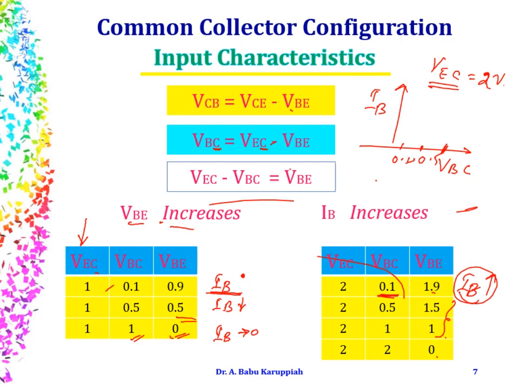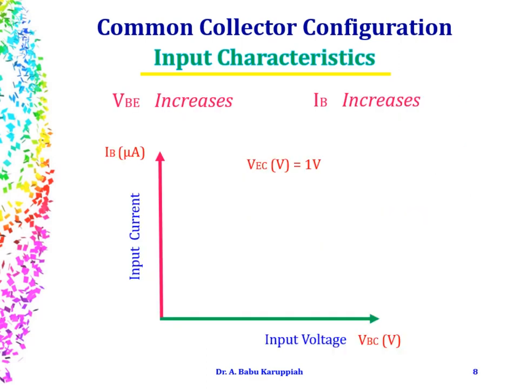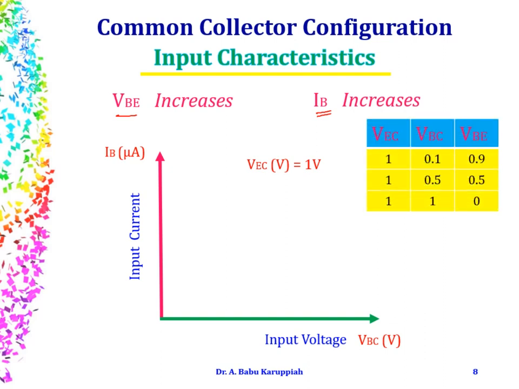So with this set of readings, now we will try to understand how we are going to plot the graph. We will obtain the input characteristics of the common collector configuration with a few concepts in mind. When VBE increases, your base current increases, and when VBE decreases, your base current will also decrease. From the equation, we have obtained this table. We have kept the emitter collector voltage, the output voltage, constant, and we have increased the input voltage, which is the base collector voltage.